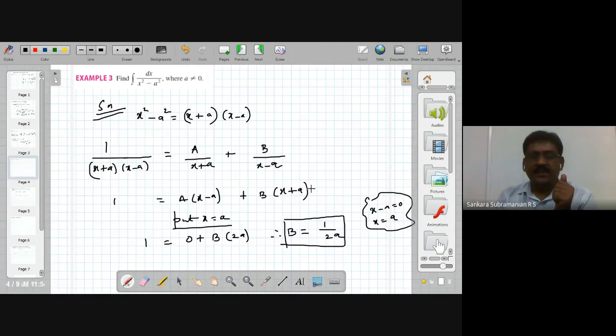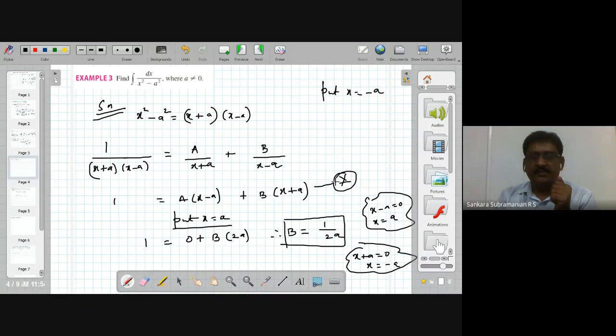The next step is I want to make x plus a to be 0. This can be done by putting x as minus a. So let us put x is equal to minus a in this equation.